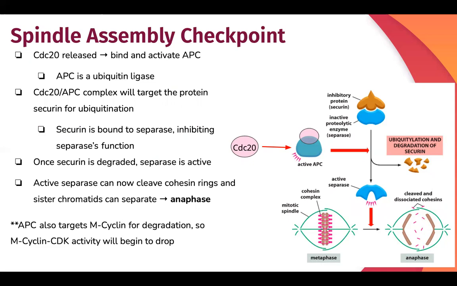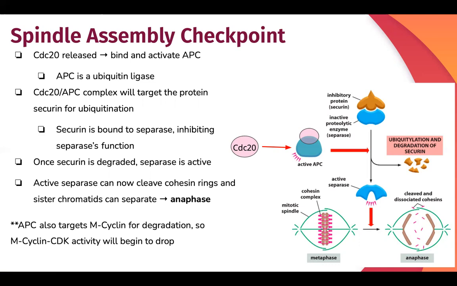Otherwise, your chromosomes are going to be attached continuously, which is not what you want. The way that your cohesin rings get degraded is that CDC20 is released and it binds and activates APC. So CDC20 goes to activate APC, which is this blue teal colored one.